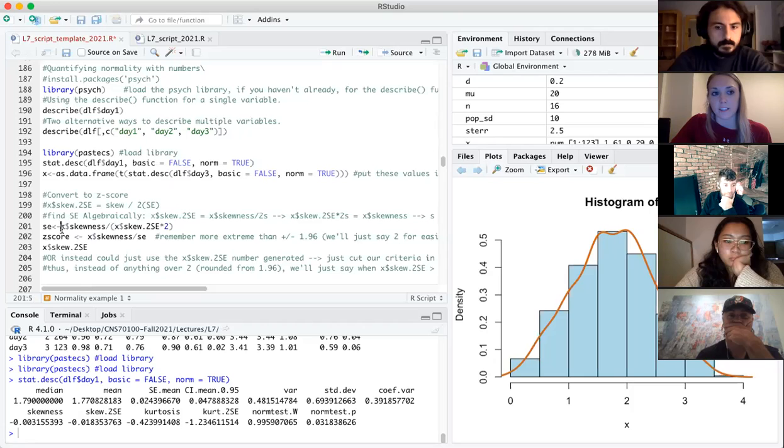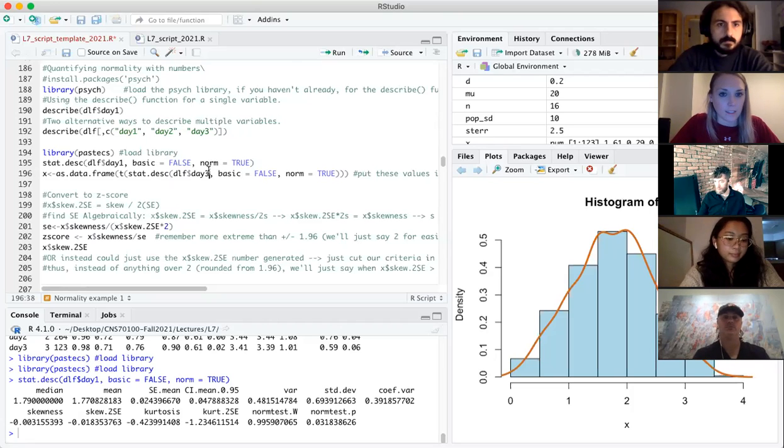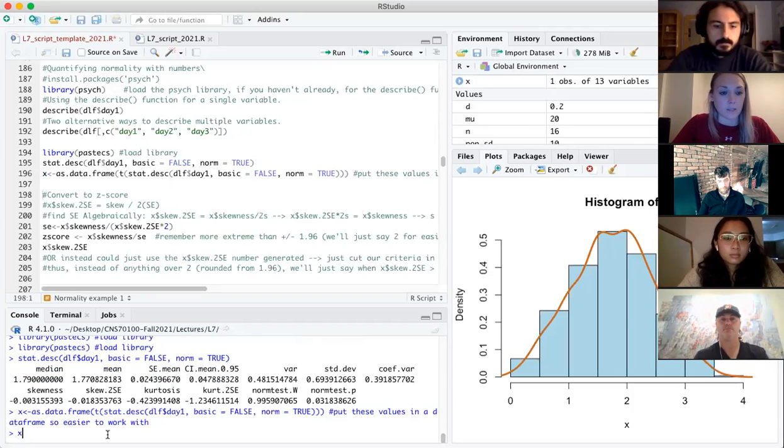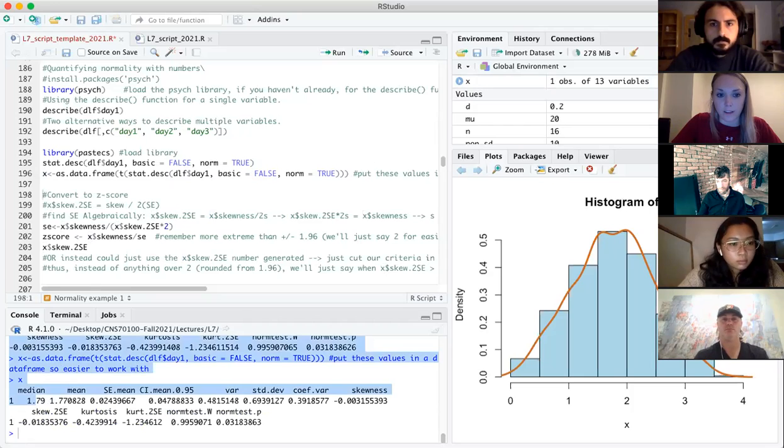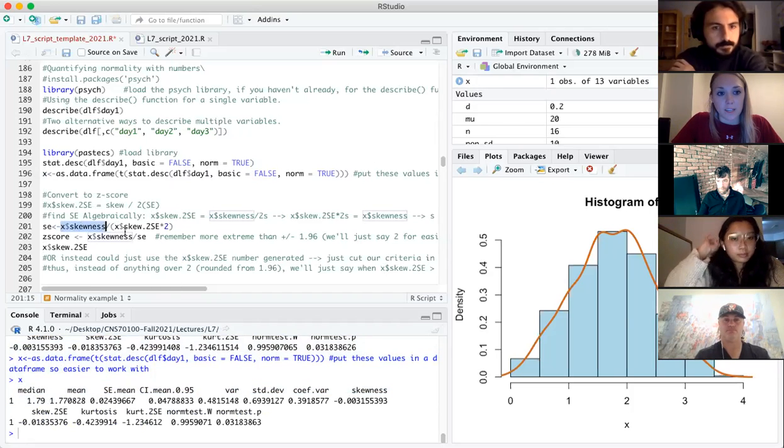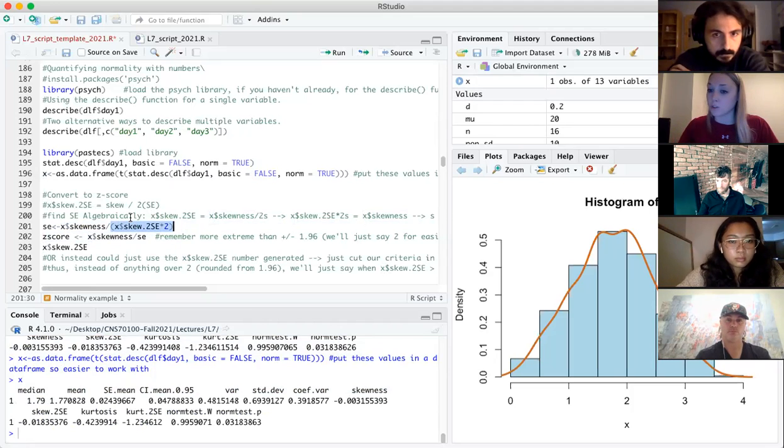So if I took, for example, I'm just going to take this from day, looks like it's taking it from day 1. Let's take this from day 1. This X variable, this just turns this into a data frame. So I just turned all those values into a data frame. And then if I grab the skewness and divided by the standard error, which remember, that's how we would convert something to a z-score, right?